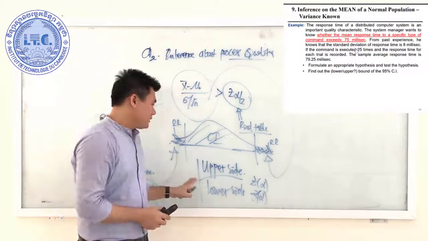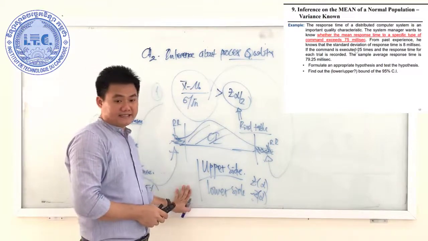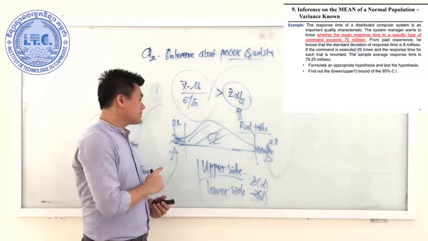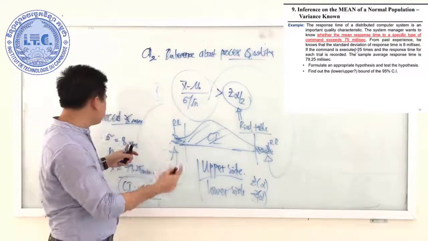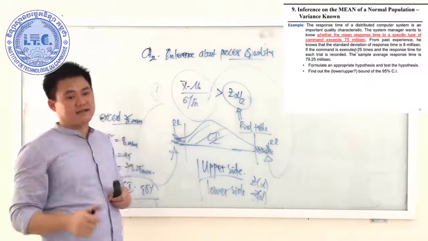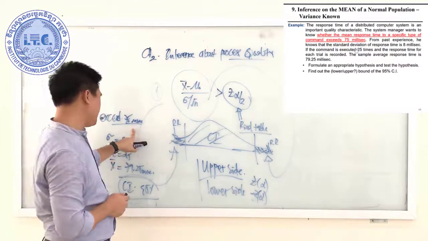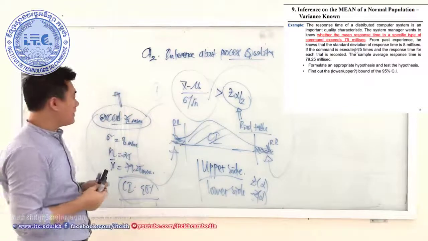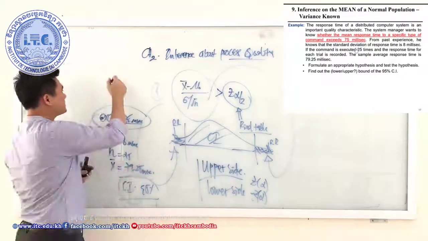This one asks you to find whether it exceeds, which means they only want you to test the upper side, because is it exceeding 75 or not for the mean? So in this you are going to test the upper side only, just one side.